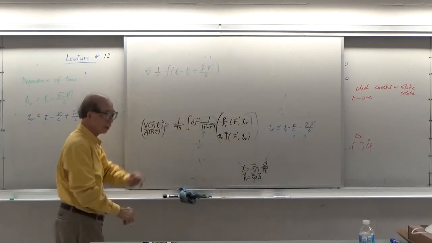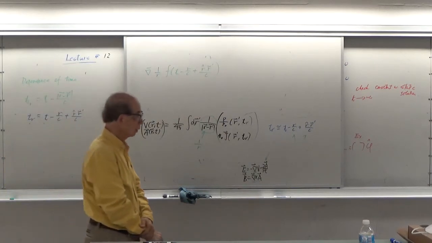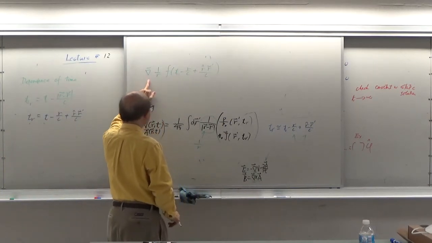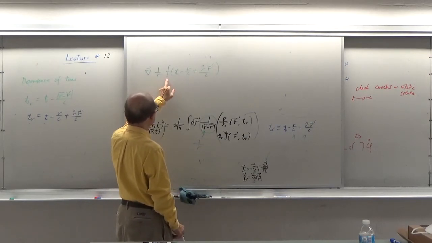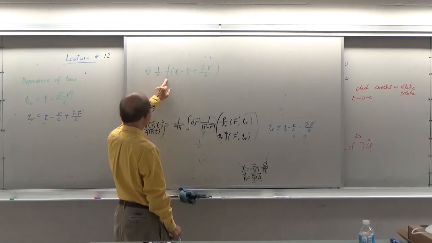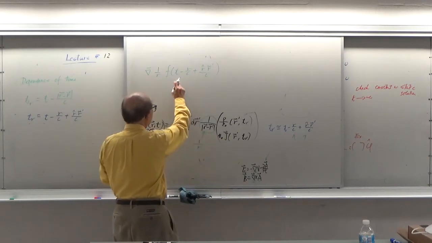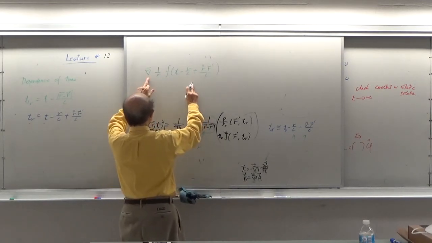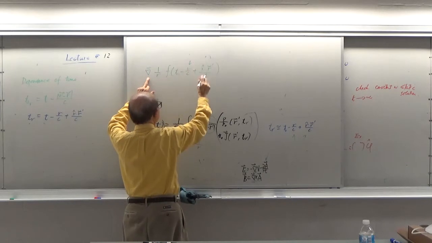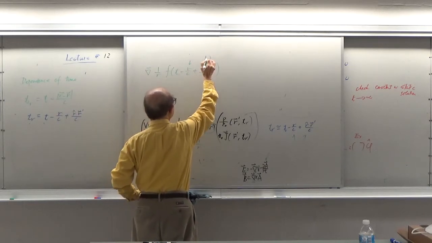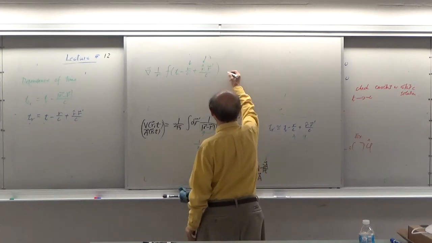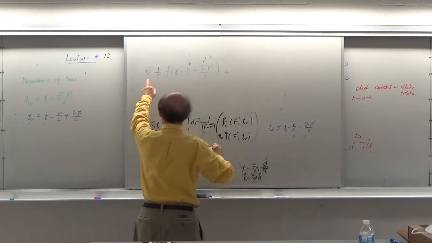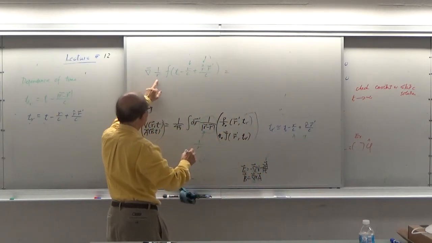So let me consider this, with the gradient acting on 1 over r as well as on this function. The gradient acts on this function because the time dependence involves r. All right? So first of all, the gradient acts on 1 over r.